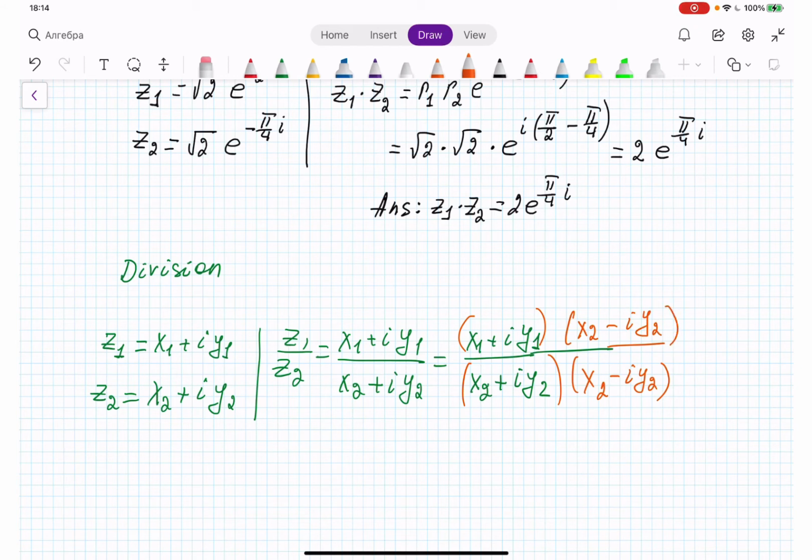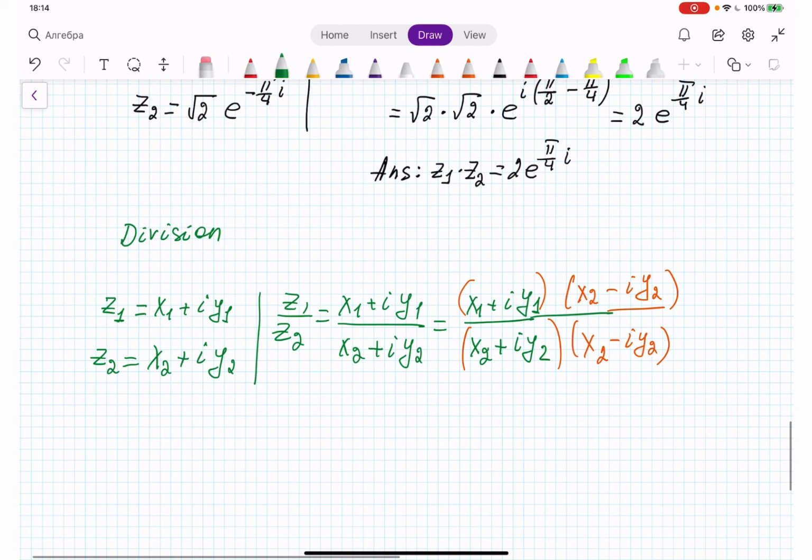From here we are getting x1 times x2 plus y1 times y2.